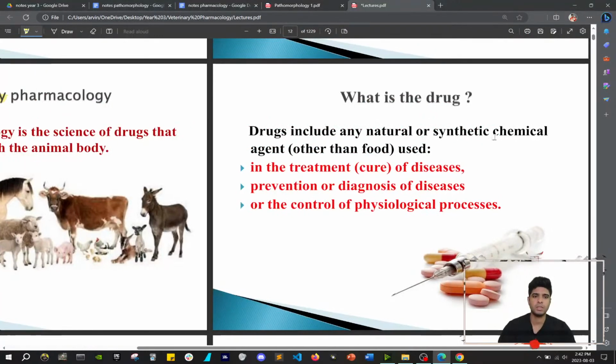And then what is a drug? Drugs include any natural or synthetic chemicals. Drug is something other than food, and it can be a natural drug or a synthetic one, used in treatment, prevention, diagnosis as well, control of physiological processes.